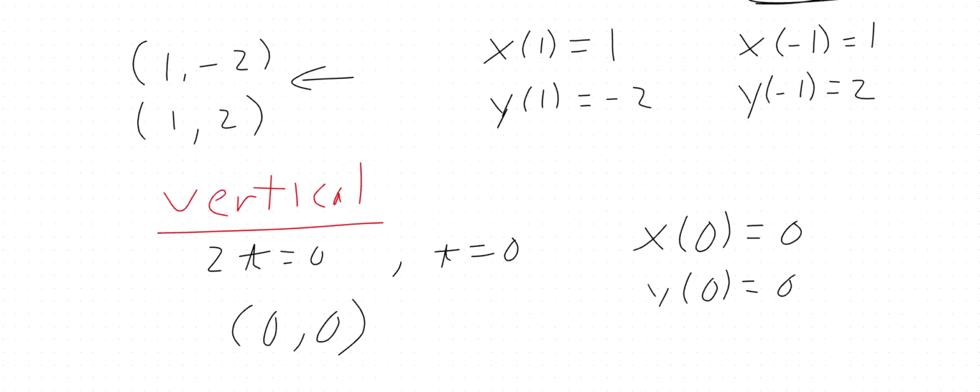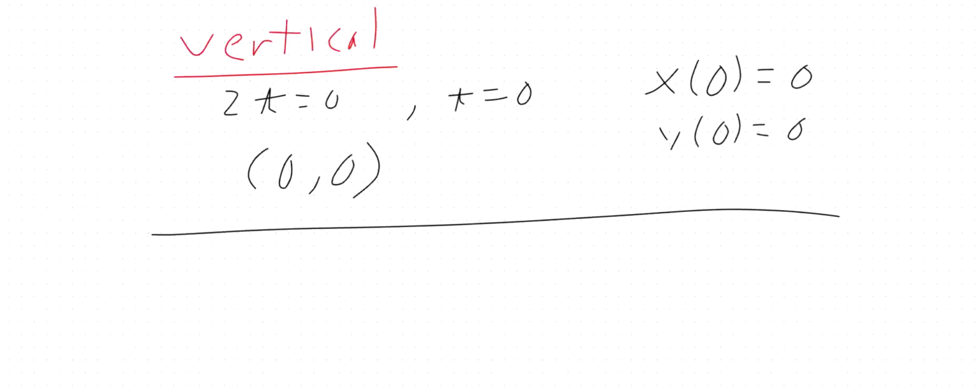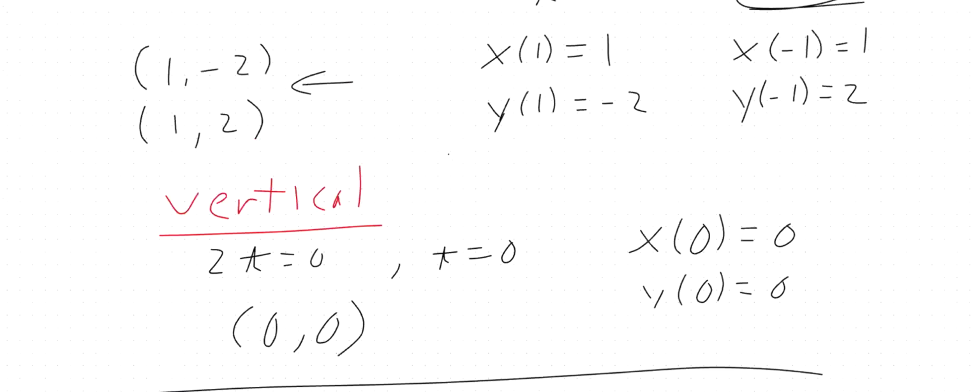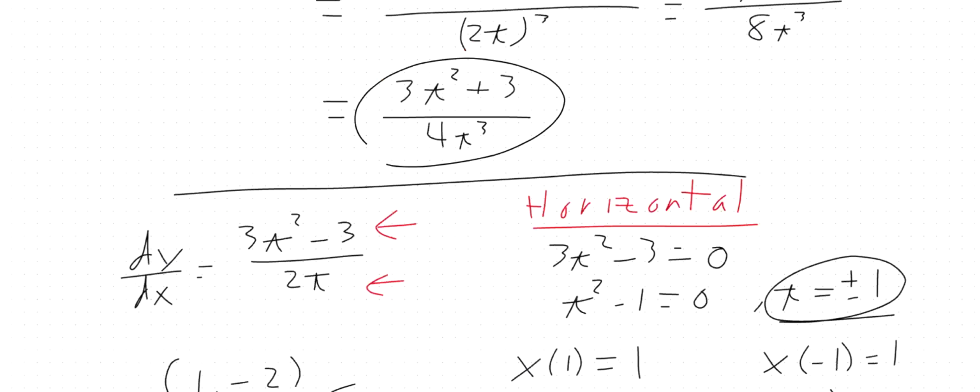Next up, we can even check for concavity and see where it's concave up and concave down. So for that, we're going to use our second derivative. We might have concavity changes where the second derivative is either 0 or undefined.